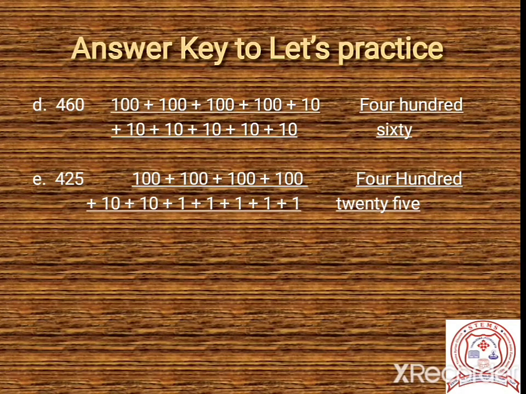So the expanded notation of 425 will be 100 plus 100 plus 100 plus 100 plus 10 plus 10 plus 1 plus 1 plus 1 plus 1 plus 1. And the number name of 425 will be 425, as 4 is in hundreds place and tens and ones number will be written together as 25.